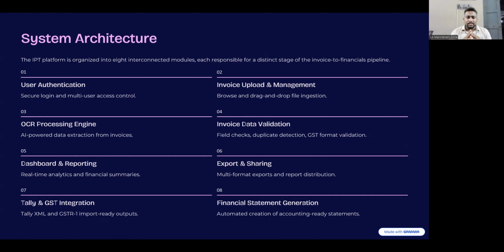OCR process engine: AI-powered data extraction. Whatever a human would think, the AI will think. So it is my replica. Invoice data validation: field checks, duplicate detection, and GST format validation, whether it is GST, CGST, SGST, UTGST, or IGST.